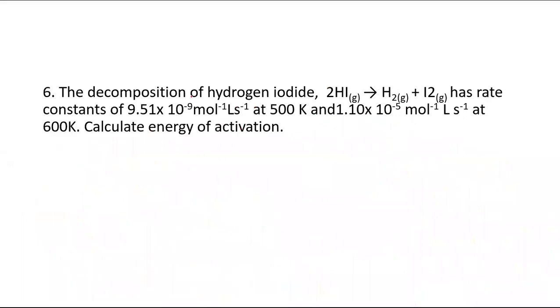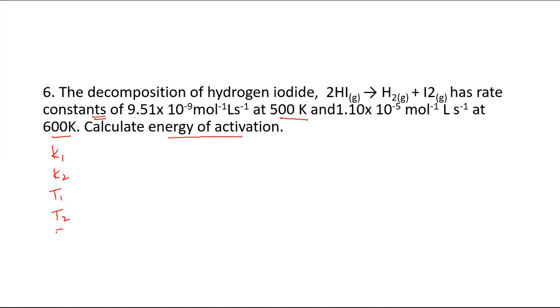The decomposition of hydrogen iodide, the equation is given, has a rate constants. You can see here constants, plural, so there are two. Okay, so this is initial and this is final, and similarly here they have given two temperatures. So K1 will be there, K2 will be there, T1 will be there, T2 will be there.